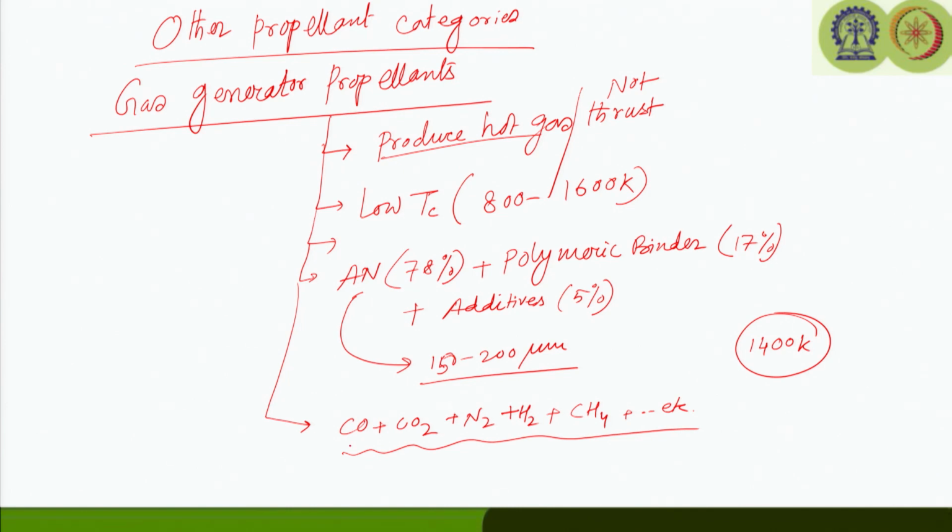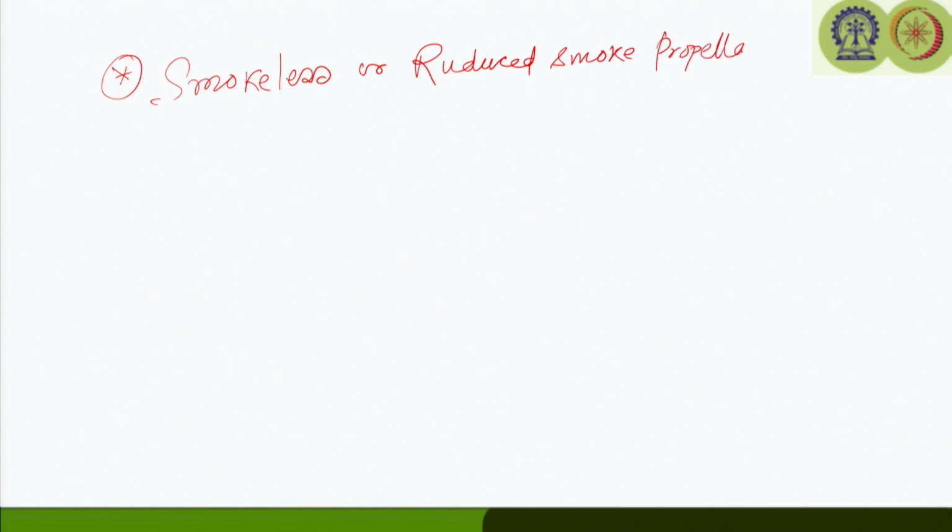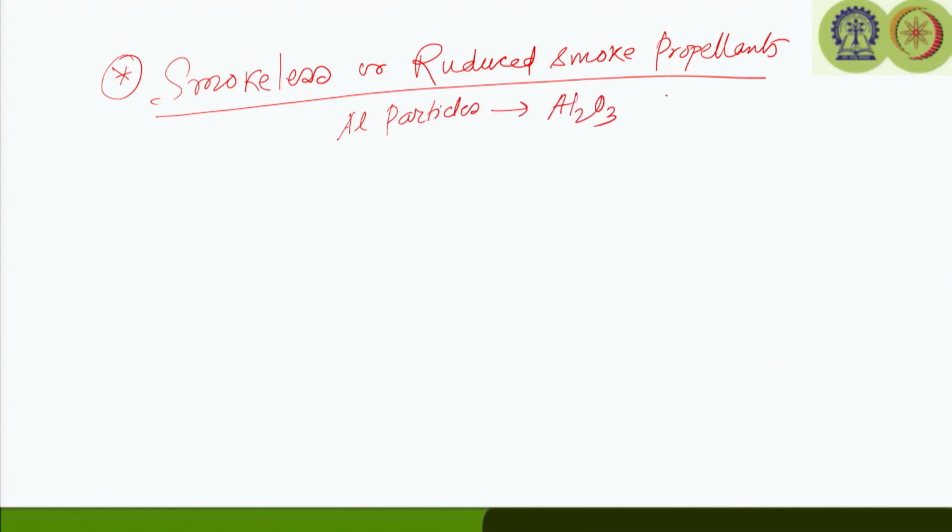Okay. So, this is another category called gas generator propellant. Another category of propellant is called smokeless or reduced smoke propellant. Generally, if we have aluminum particles in the ingredients, they will form Al2O3, aluminum oxide, and they are very smoky.